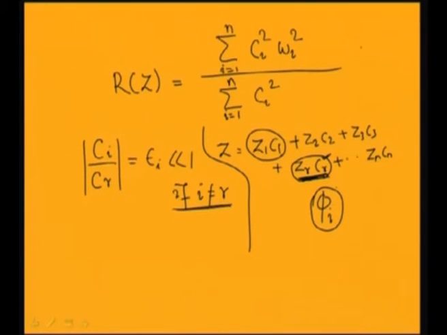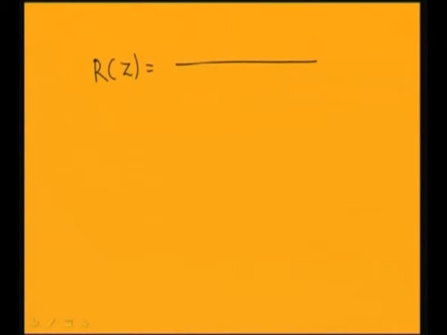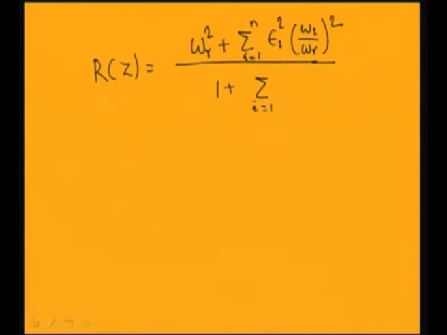Now, dividing this by Cr square, I can write this equal to omega r square plus the summation over i equal to 1 to n of epsilon i square into omega i by omega r square, divided by 1 plus the summation over i equal to 1 to n of epsilon i square.